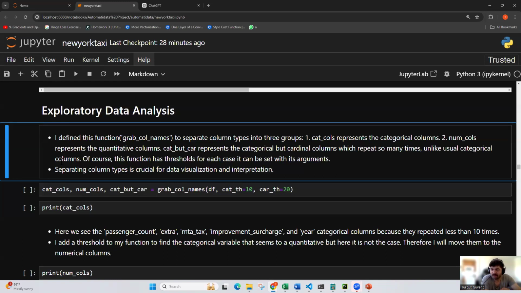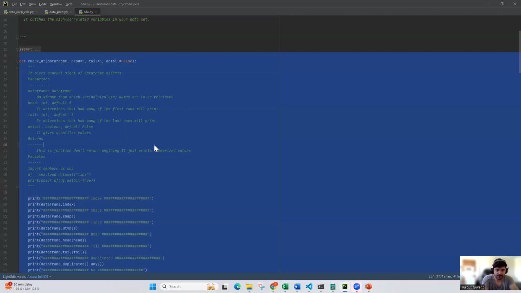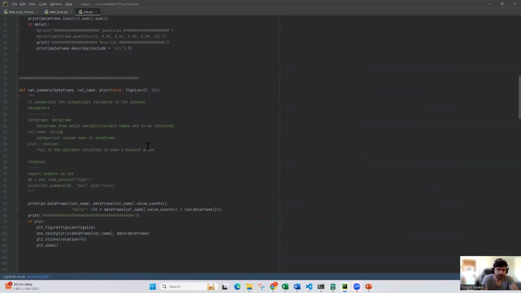That means they are categorical values, for example, but they are repeating many times, and taking them as categorical values is nonsense. Because if they're repeating more than 100 times, it's really hard to work with that data set as a categorical variable. Okay. So let me show you this function as well. Actually, it's probably here.